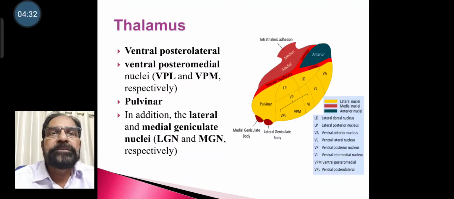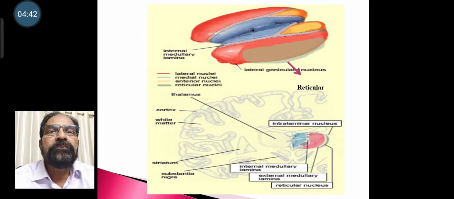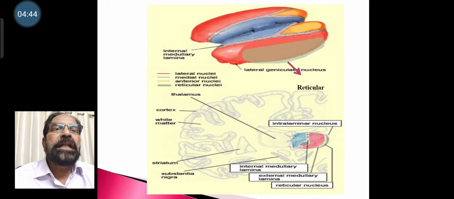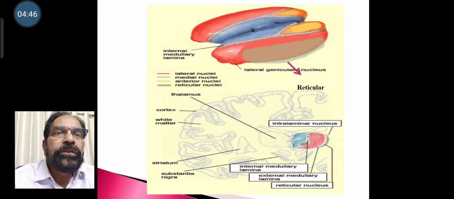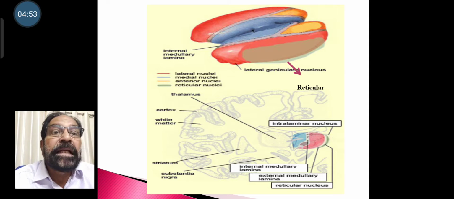Apart from that, there is also the pulvinar. In addition, there are the lateral and medial geniculate bodies. This picture also shows one nucleus called the reticular nucleus, located on the lateral surface of the thalamus.